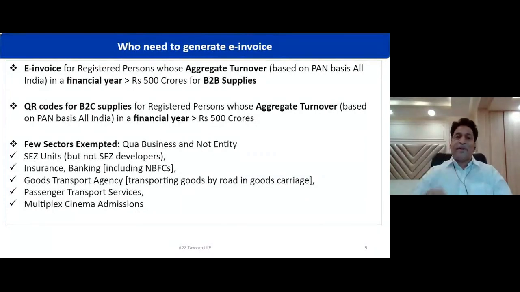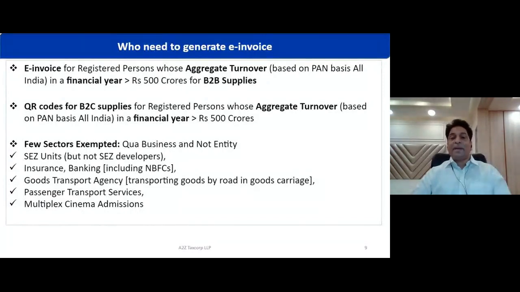There's another provision, and this one is for B2C supply. A registered person having aggregate turnover of more than 500 crore, but for B2C supply, registered person to unregistered person, needs to create and generate a QR code and put it on the invoice.